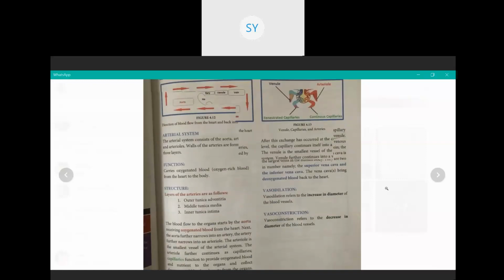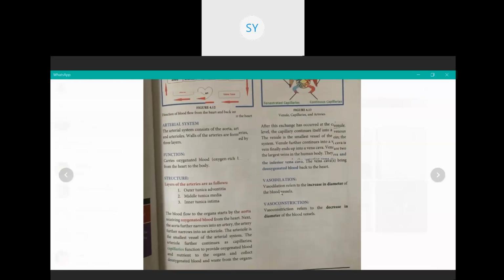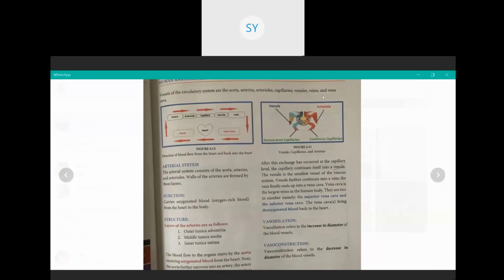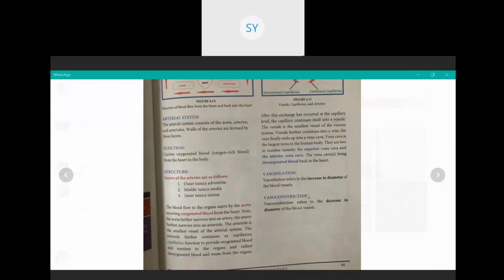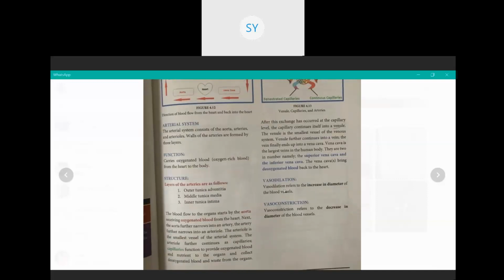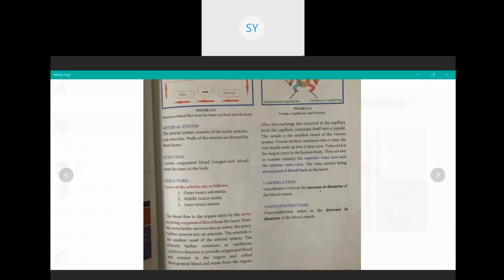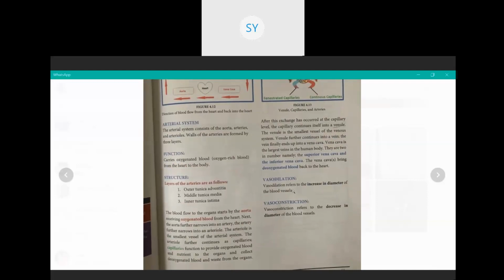Now see here, these two portions are called vasodilation and vasoconstriction. Vasodilation refers to the increase in diameter of the blood vessels. So dilation, if you do dilation on your vein, means it is dilated, relaxed, so the diameter of that vessel is increased.